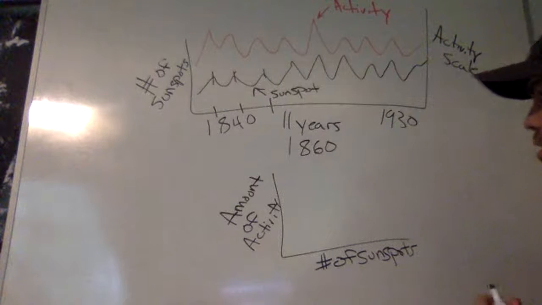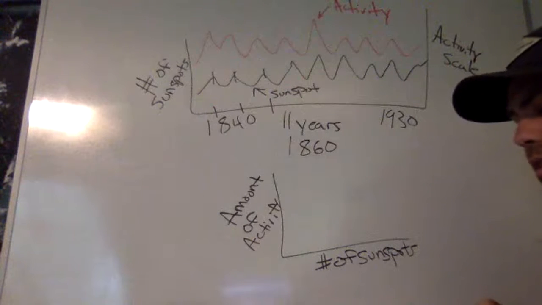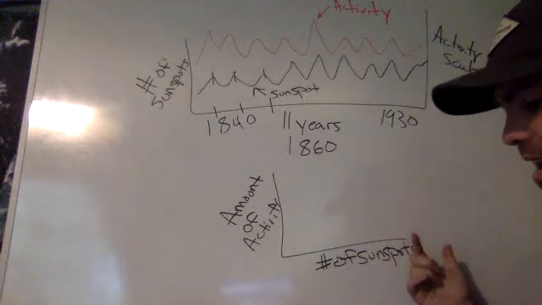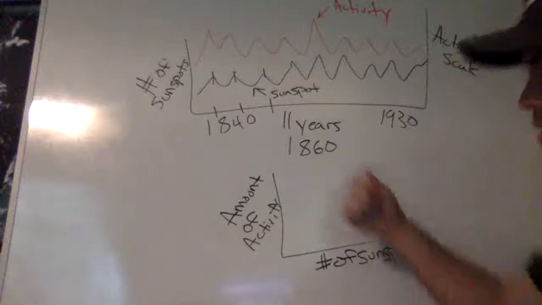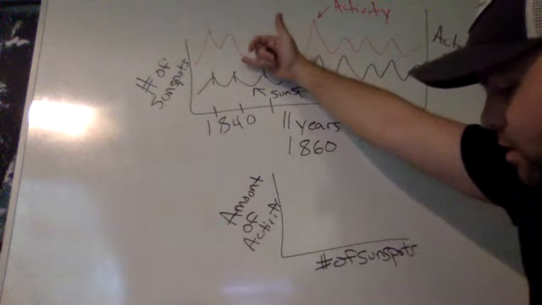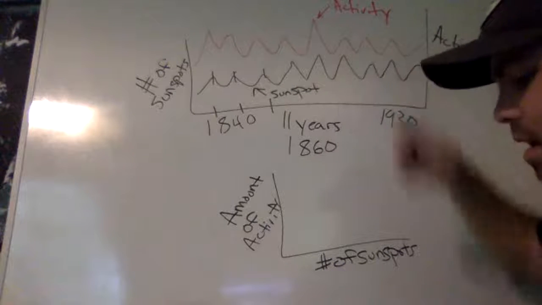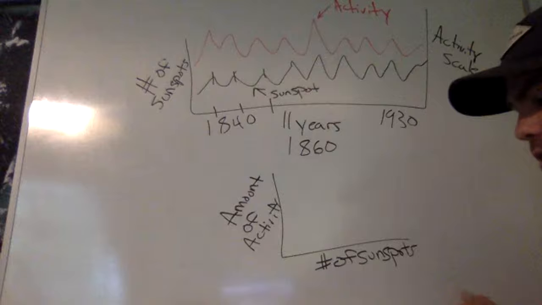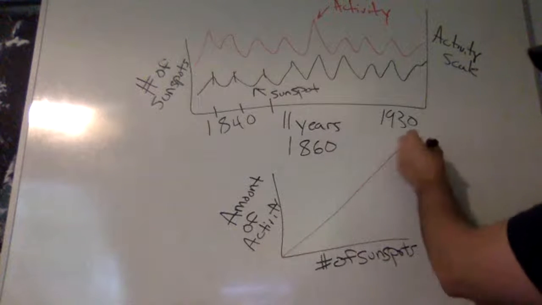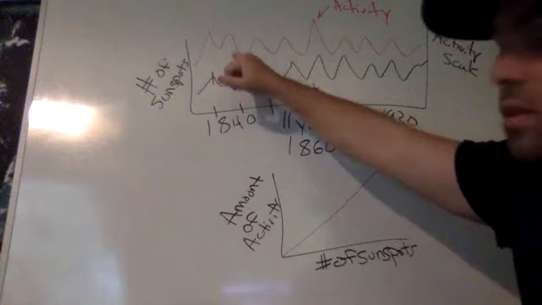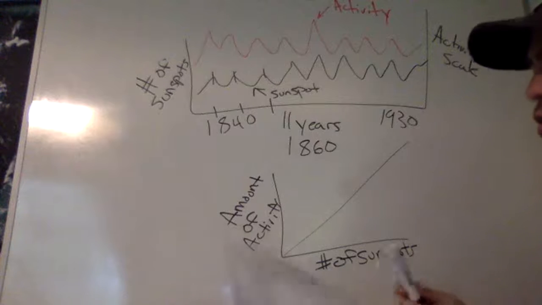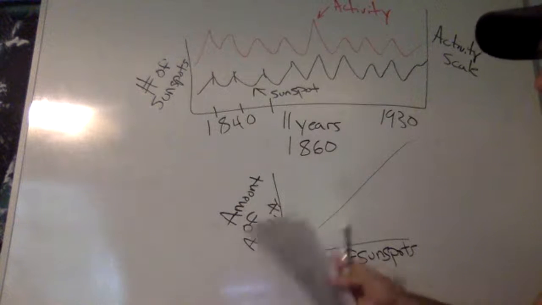So we have our 4 different graphs they give us, and it shows that it doesn't stay the same. It doesn't decrease when activity increases. It doesn't decrease, and it doesn't just go straight up as it shows in letter D. So the only choice that makes sense is A, which shows that as the amount of activity goes up, so does the amount of sunspots. So those are the first 3 on the front page.